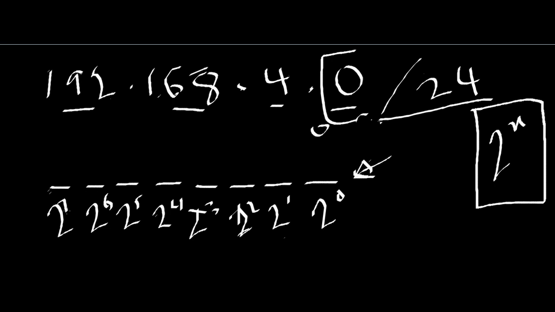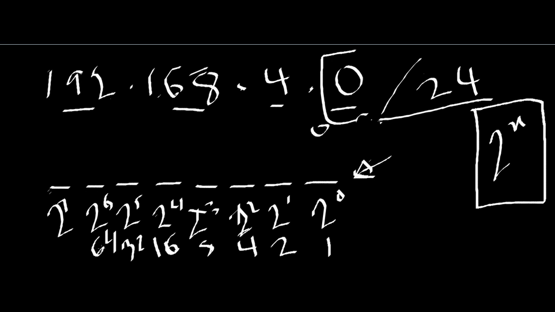Now 2 to the power 0, we have a 1. To the power 1 is the same as 2. To the power 2 gives us a 4. To the power 3, an 8. And we keep going, 16. And we keep going, 32. And we keep going, 64.